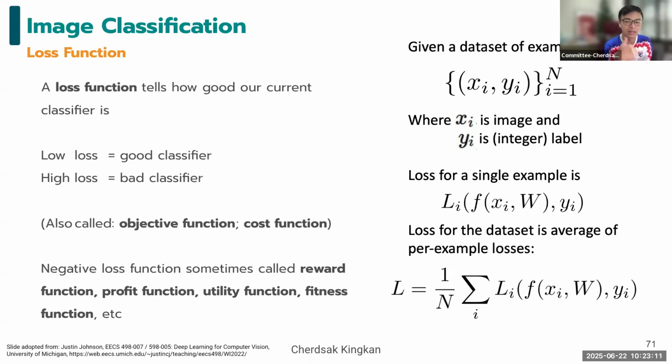Those are other names for the loss function, but with the opposite meaning. If it's called an objective function or cost function, we want to minimize it. If people use a reward function or profit function, it's the negative of the loss, which means we want to maximize it. In some cases you want to maximize the value, and in other cases you want to minimize it. That's why they come with different names.